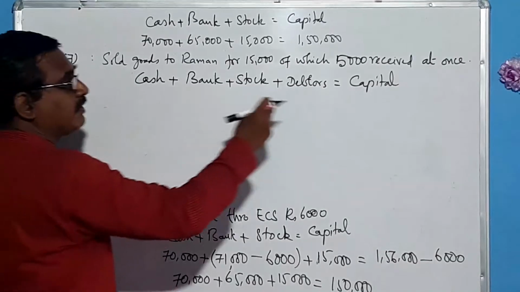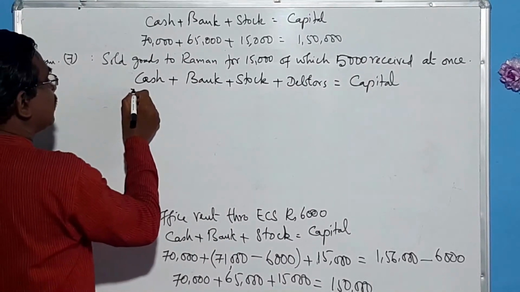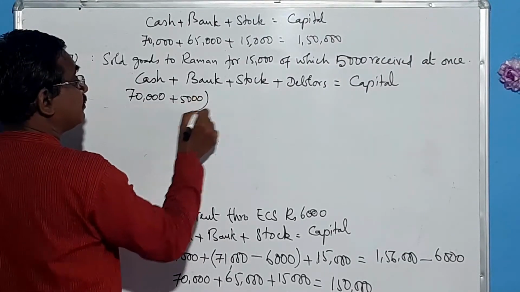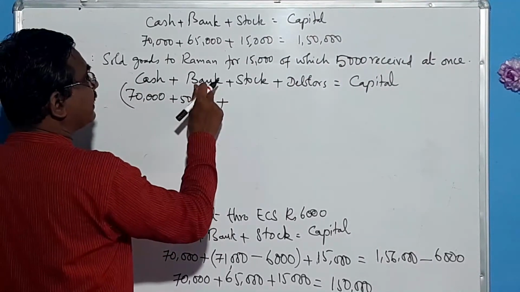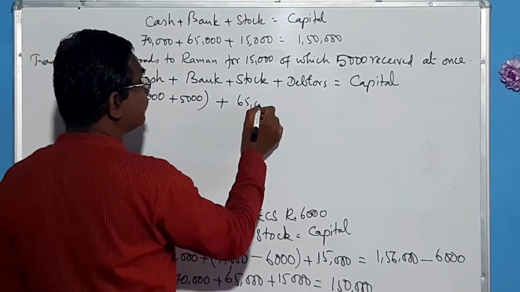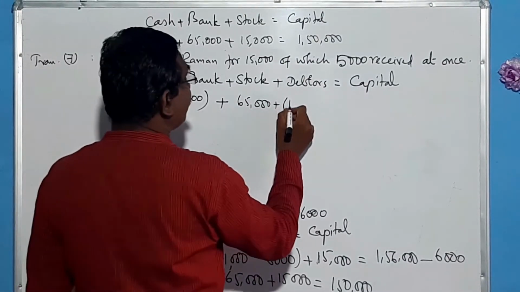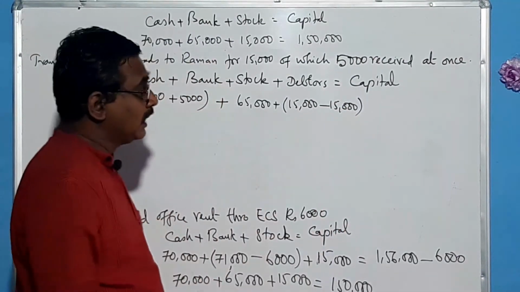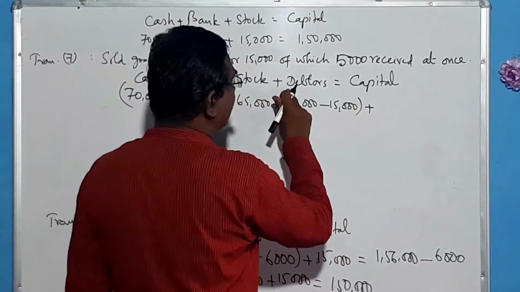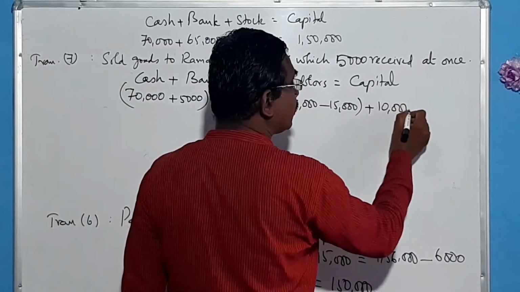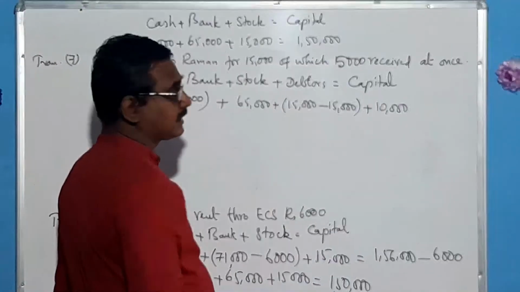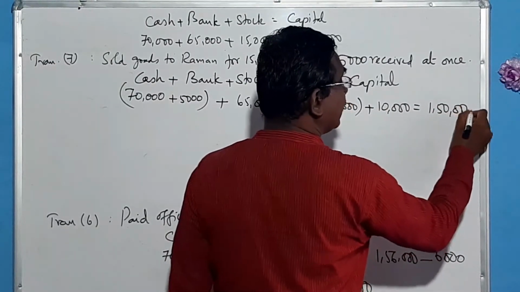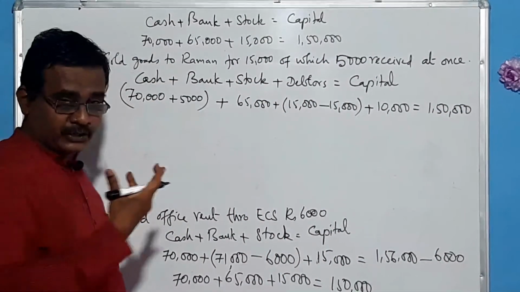So cash, we have received 5,000 from him immediately. So cash 70,000 plus 5,000, plus bank. There will not be any change in bank. Stock, from stock 15,000 we have taken 15,000 worth of stock, completely washed out, and debtors only 10,000 should be shown under the heading debtors, and there will not be any change in the capital. That remains the same because of this sale there is no profit.